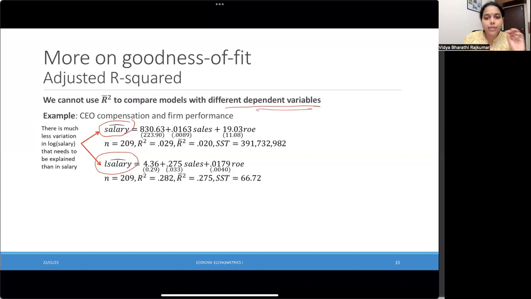We cannot use R square or even R bar square to compare such models, primarily because the dependent variable is different. Your R square is only explaining the fraction of variation in the dependent variable. If the dependent variable itself is different, you can't make those comparisons, right? And so that's why we need to be careful with how we use R square and R bar square.